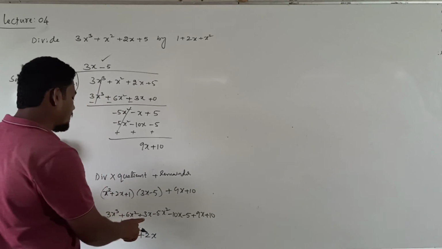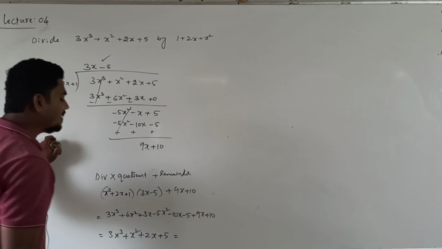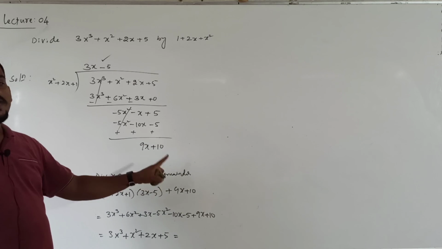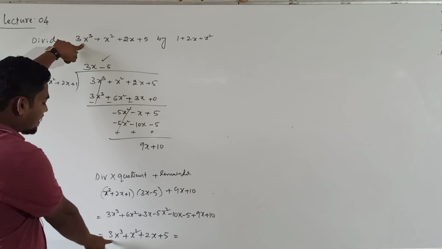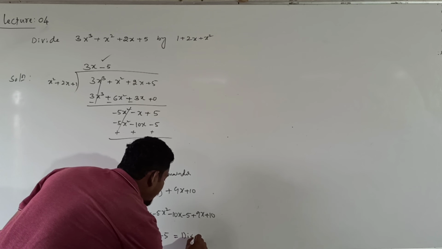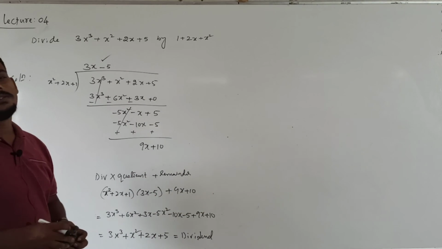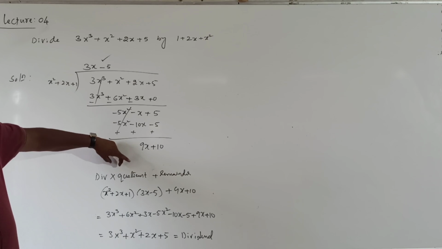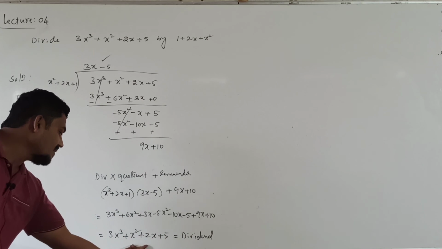Then constant term, minus 5 plus 10 means plus 5. This is clearly nothing but dividend. Divisor into quotient plus remainder should be equal to dividend, and clearly it is dividend only: 3x cube plus x square plus 2x plus 5. Just usual division. Clearly, if you multiply divisor and quotient plus remainder, it gives dividend.